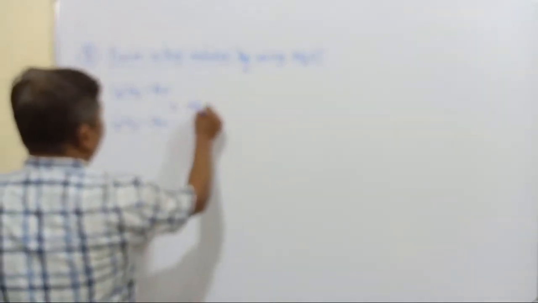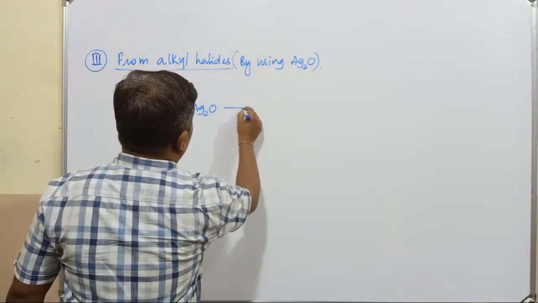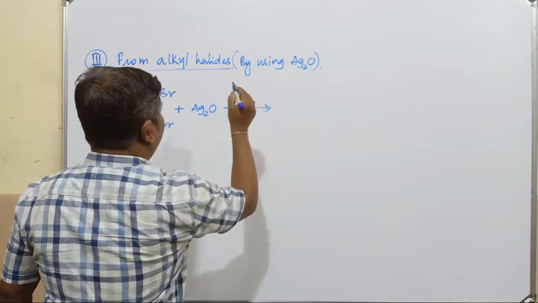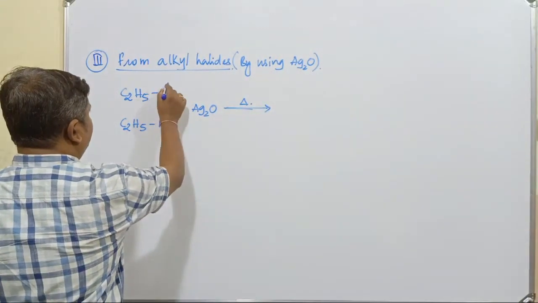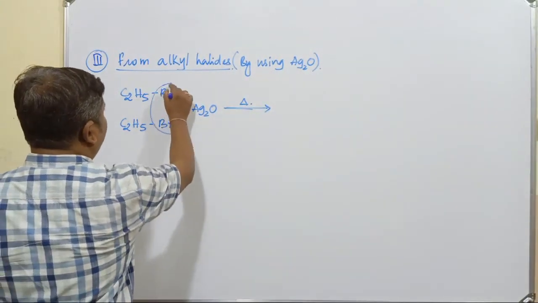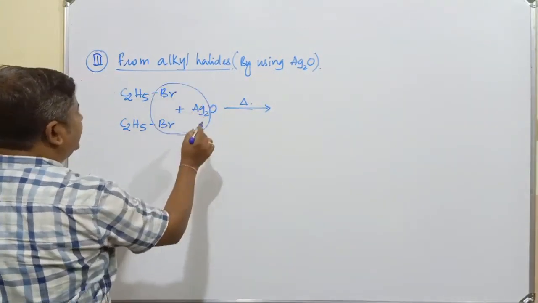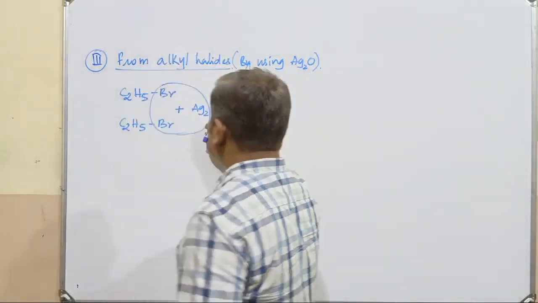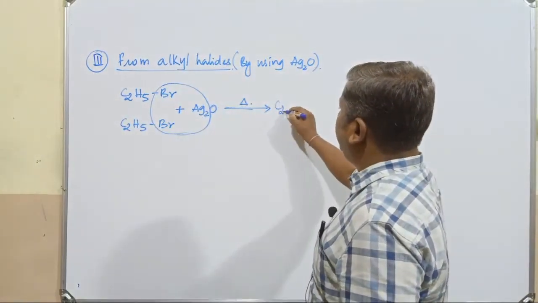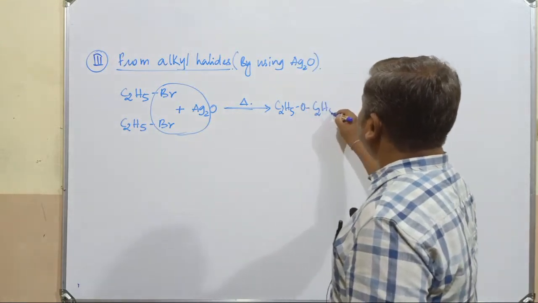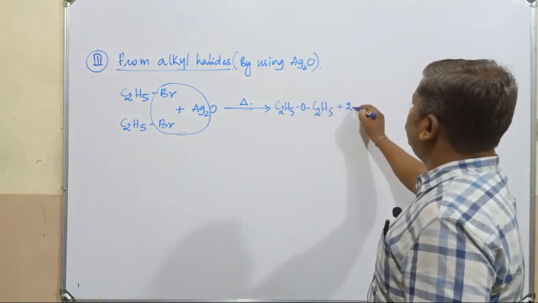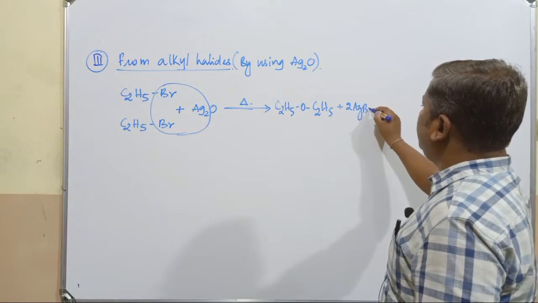When these two molecules combine with Ag2O, after heating this mixture, the silver combines with the bromine and gets eliminated as AgBr. This oxygen lies between the ethyl groups, C2H5OC2H5, plus 2 moles of AgBr.